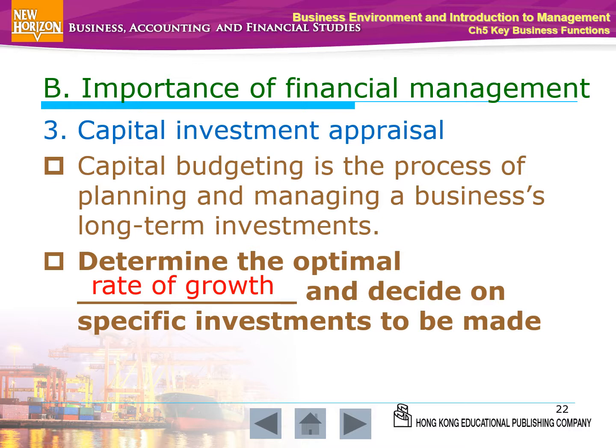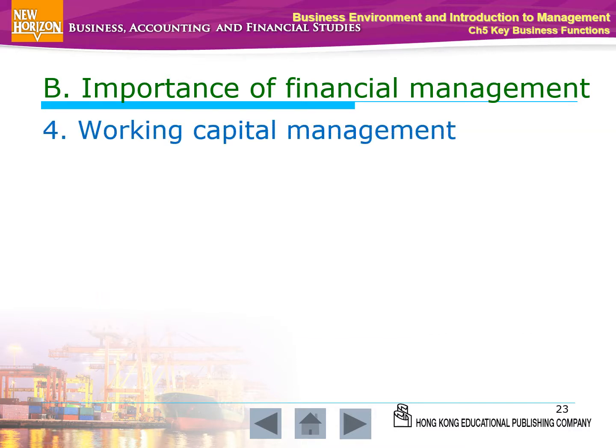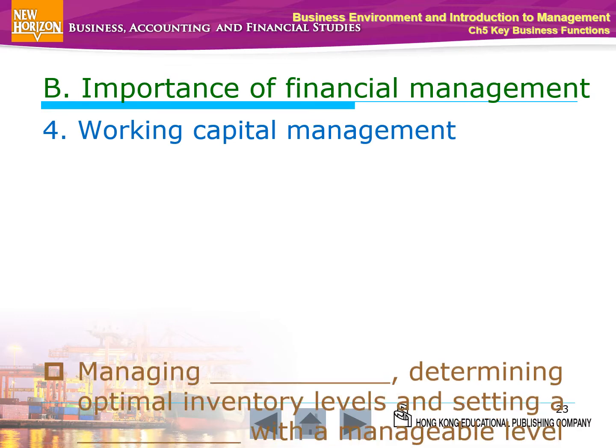You'll try to decide if this amount will be used to invest in project A. If project A has a lower return than project B, the company will make use of the concept of opportunity cost to use its resources to do project B instead of project A, because project A has a lower return for the business. So the financial manager will try to make use of this. Okay, number 4, working capital management.